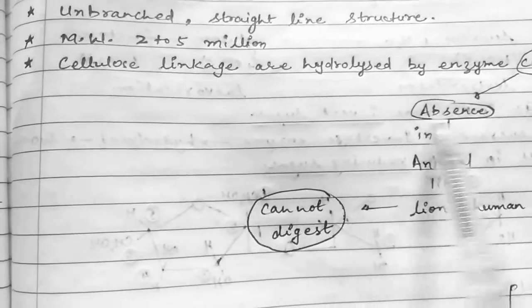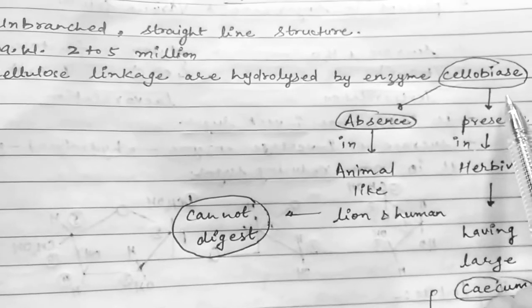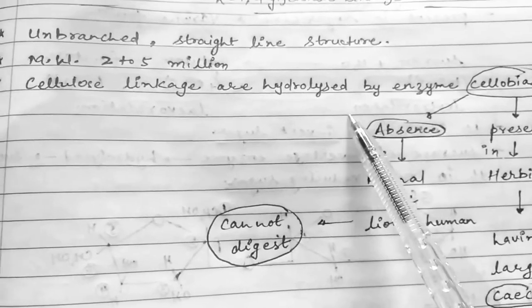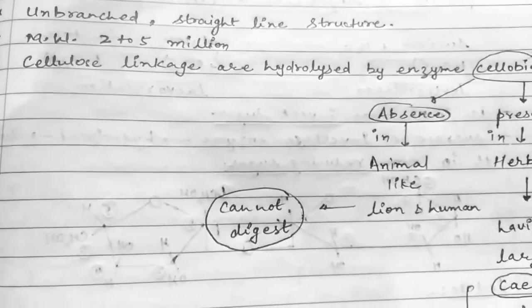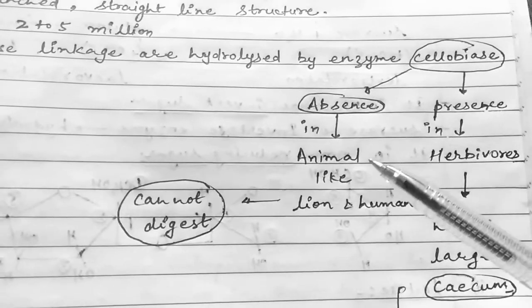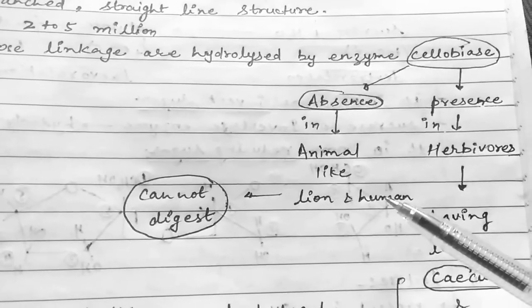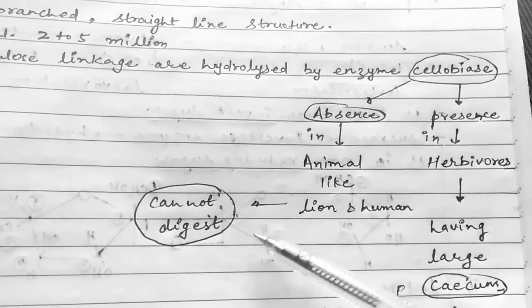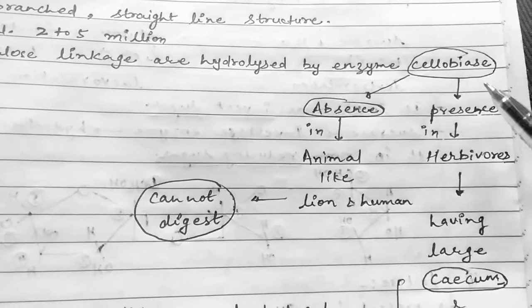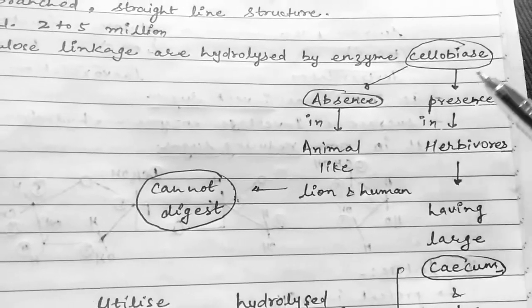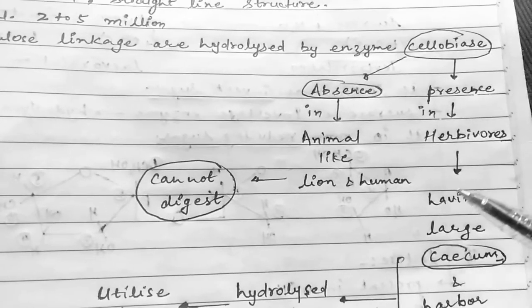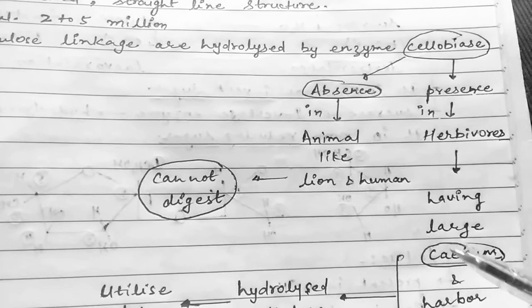Yes, this is all about one enzyme. This is the cellulase enzyme, and cellulase can hydrolyze the cellulose, that is, it can break down the cellulose. And this enzyme is absent in animals like carnivores and human. So because of the absence of this enzyme, we cannot digest it. But herbivores have this enzyme, and it is present in the large cecum.